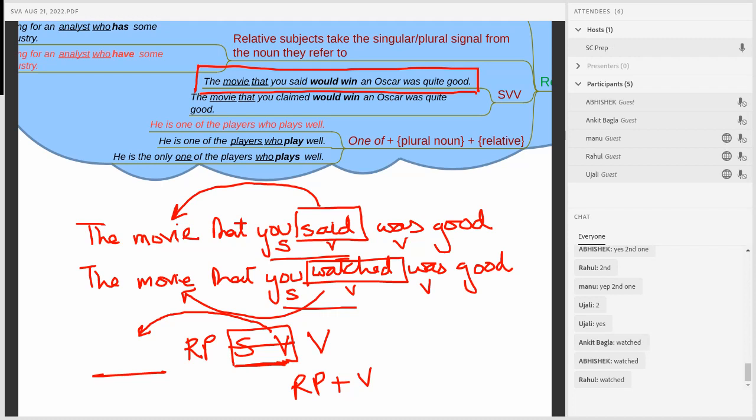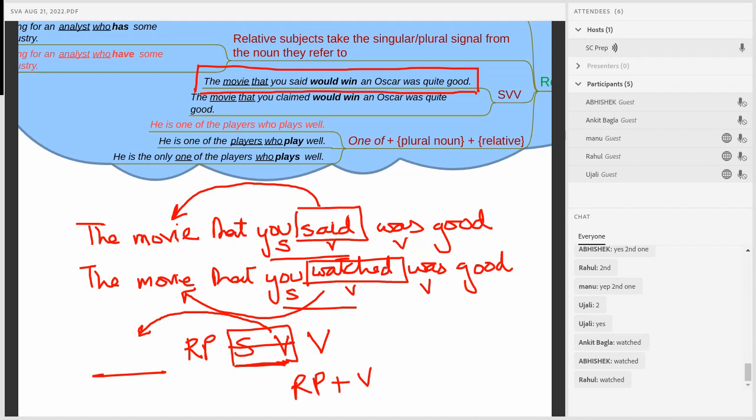Now, just hearing myself, I think the way I've put it is not very clear. But let me try again. If you see SVV, you need to check whether the first SV is part of the description or not. How do you do that? You check whether the verb is capable of working in a description to describe the noun that the that is pointing to. If it is, then the SV has to be kept.